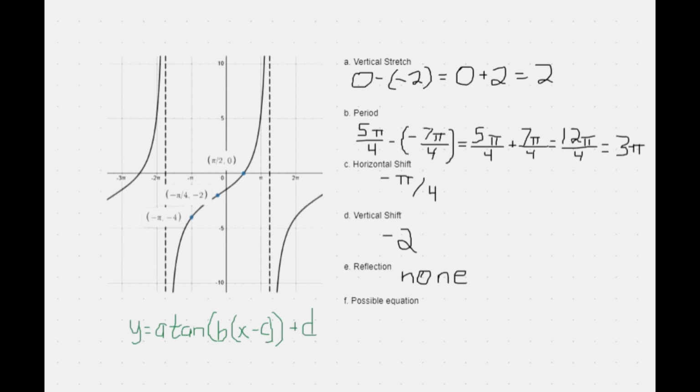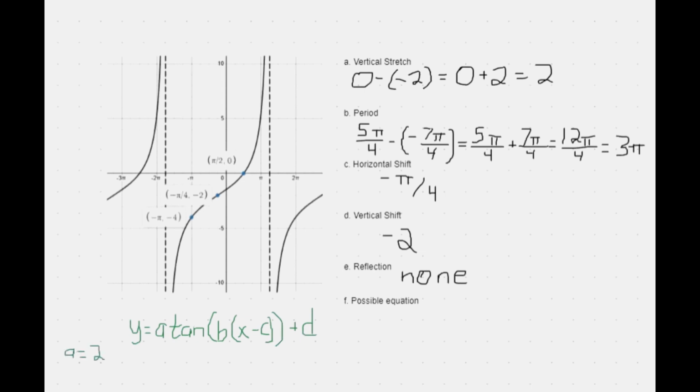So now the value of a, that corresponds with the vertical stretch. Now, if there was a reflection, we would also multiply the vertical stretch by -1, but there is no reflection, so it's just going to be 2 for a. So it looks like we have a is equal to 2.